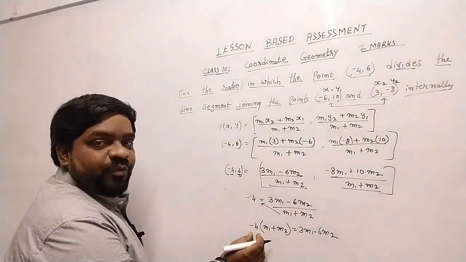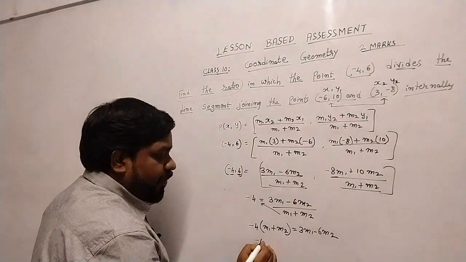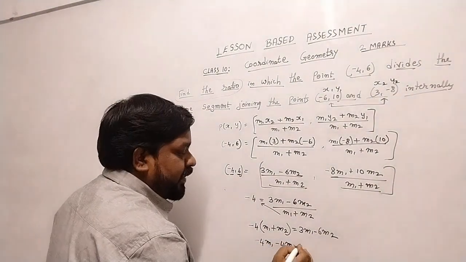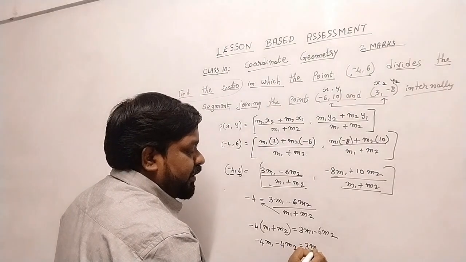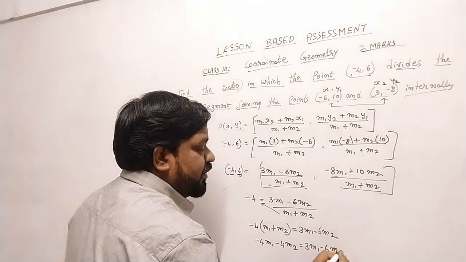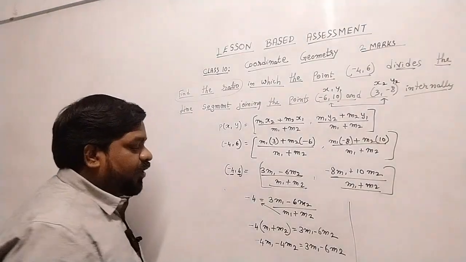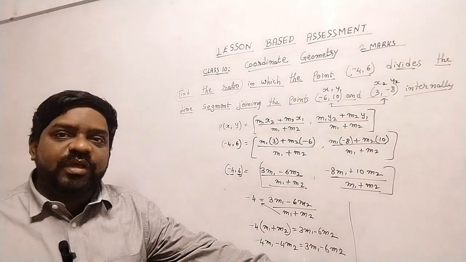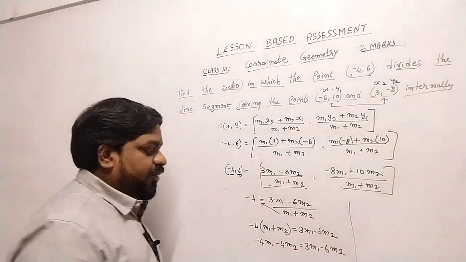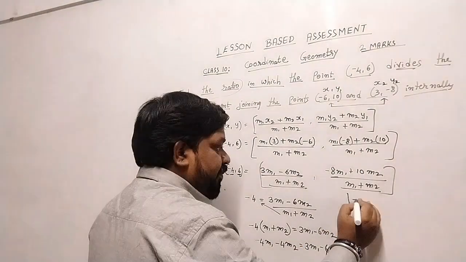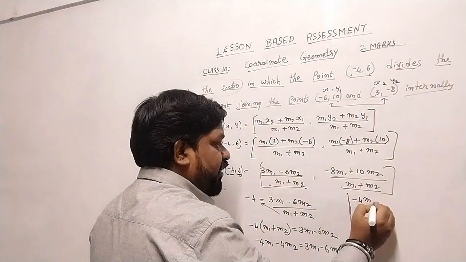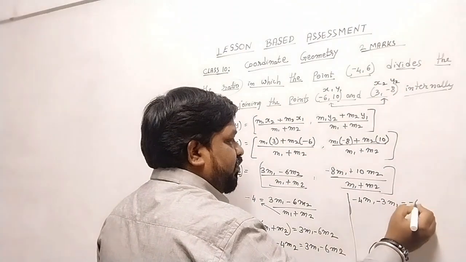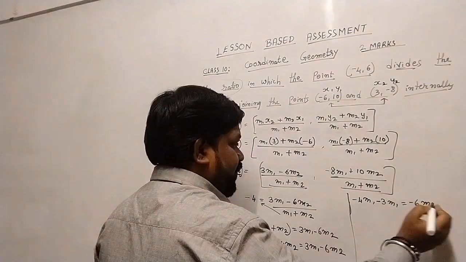Now multiply this 4 inside the bracket, minus 4 m1 minus 4 m2 equals 3 m1 minus 6 m2. Now bring m1 to LHS and m2 to RHS. Separate m1 and m2. It will become minus 4m1 minus 3m1 equals minus 6 m2.